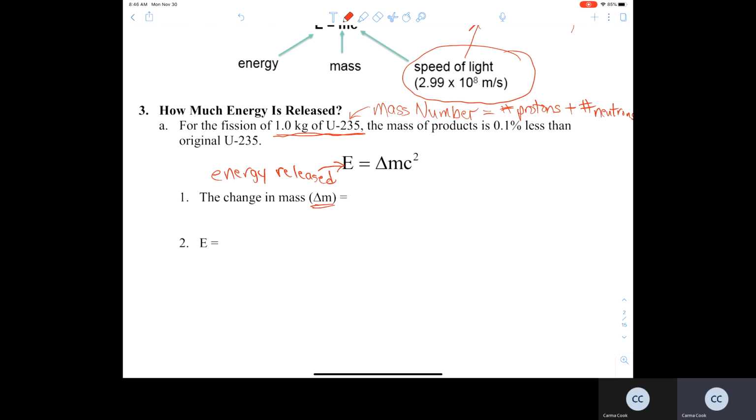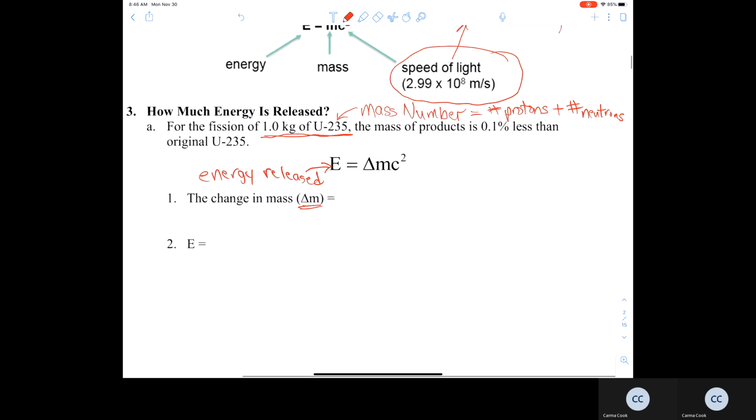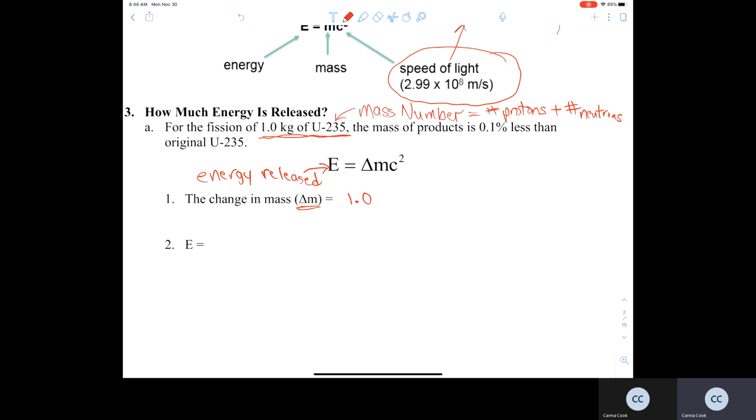And so if you have one kilogram of uranium-235, and if the mass of the products is 0.1% less than the original mass of the uranium-235, then what is the change in mass? Well, the change in mass is going to be 1 kilogram times the fraction that represents 0.1%.